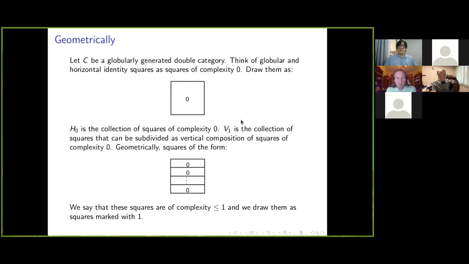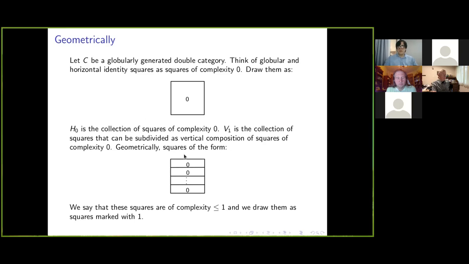Okay, now what do we do? We take all these complexity 0 squares and we just compose them vertically. We call this V1 in the previous definition. So geometrically, squares in V1, or squares of complexity less than or equal to 1, are squares that can be subdivided into a vertical composition of squares of complexity 0.